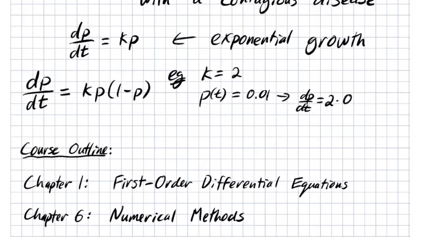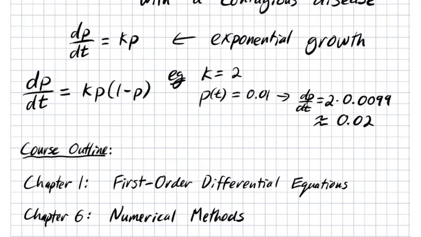2 times 0.0099, right? So that's going to be a pretty small number, 2 times 0.0099, and that's going to be 0.0198. So it's approximately, not surprisingly, 0.02.